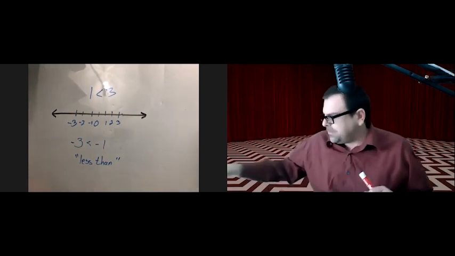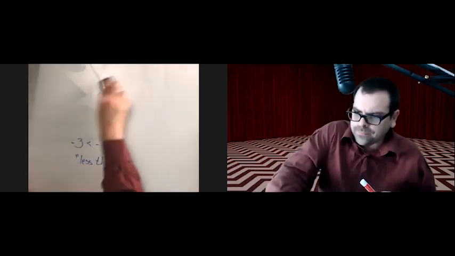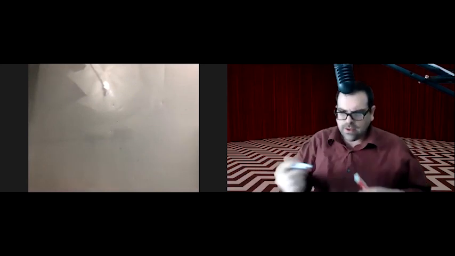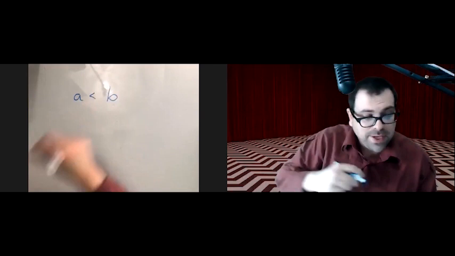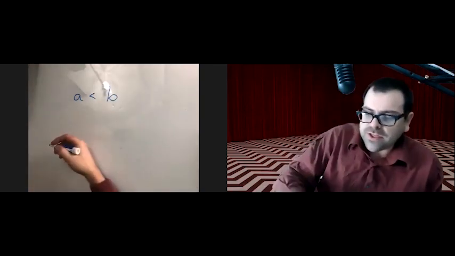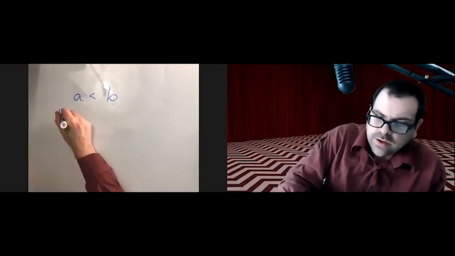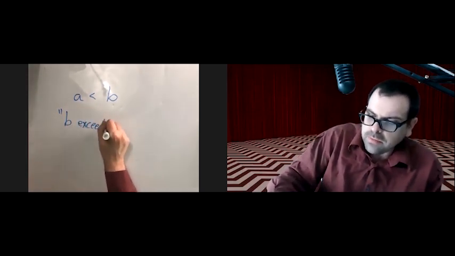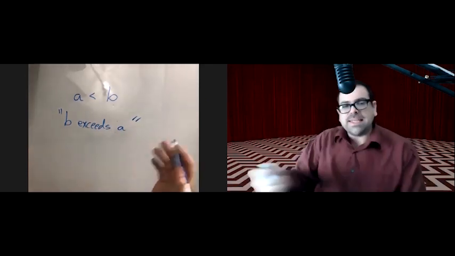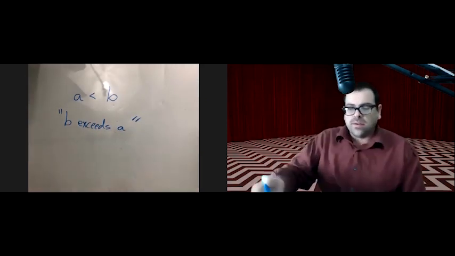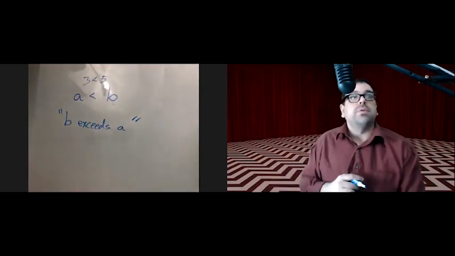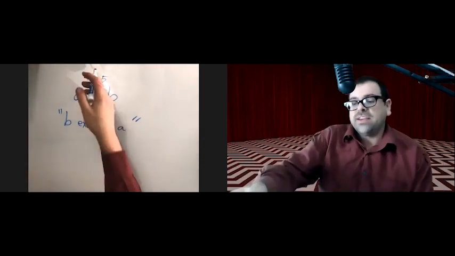So in general, if we have A is less than B, some other interpretations might be B exceeds A. If 3 is less than 5, for example, 5 exceeds 3.